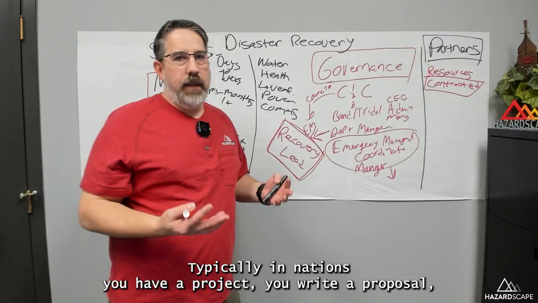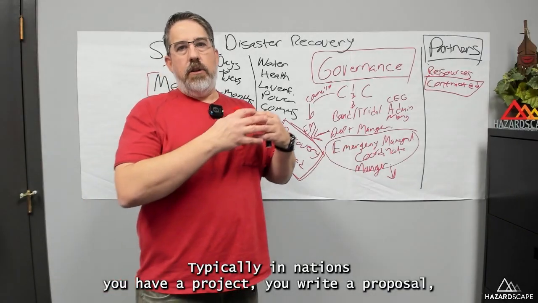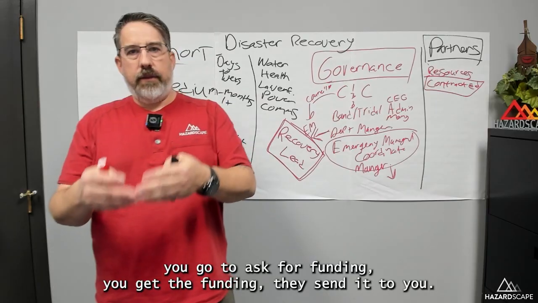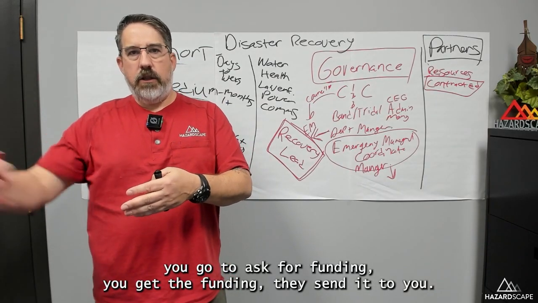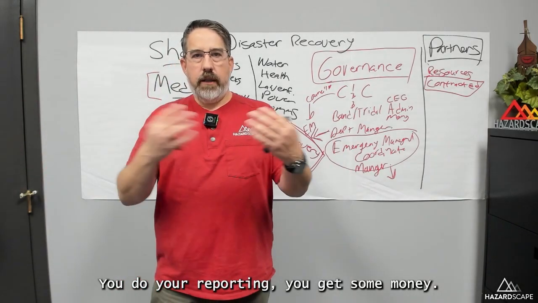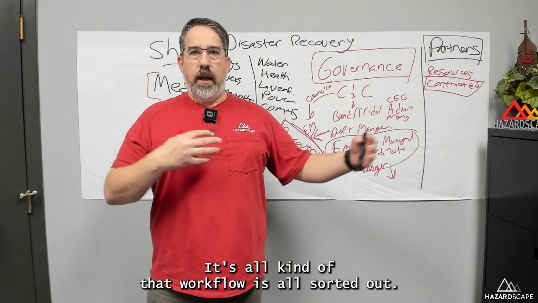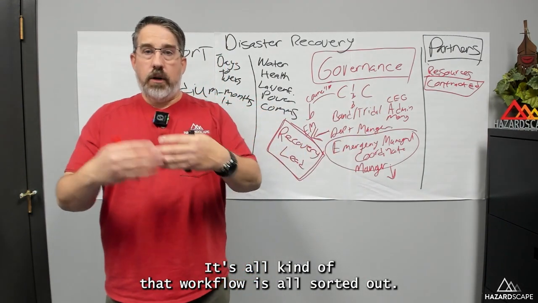Okay. Typically in nations, you have a project, you write a proposal, you go to ISK for funding, you get the funding, they send it to you, you do your reporting, you get some money, you can pay your partners. That workflow is all sorted out.